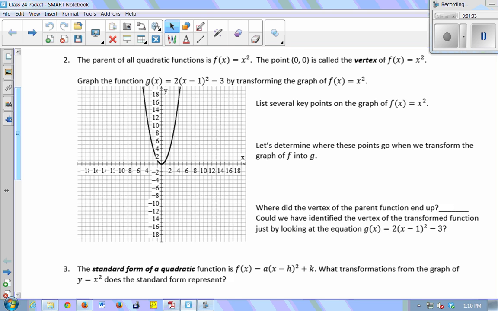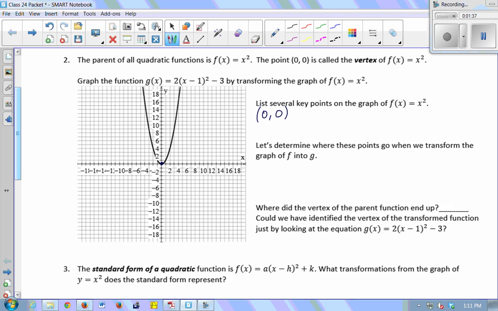All right, so we are going to graph the function g of x, which is 2 times (x minus 1) squared minus 3, by transforming the graph of x squared. So let's just list a few key points on here. One important point would be 0, 0, right? So that's a really key point on this graph. What's another point that it goes through? 1, 1. Yep.